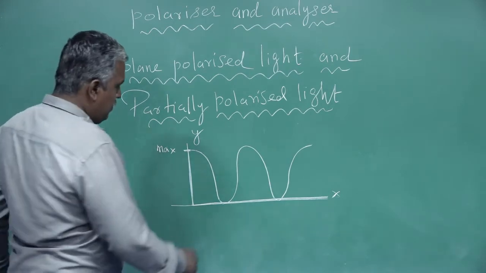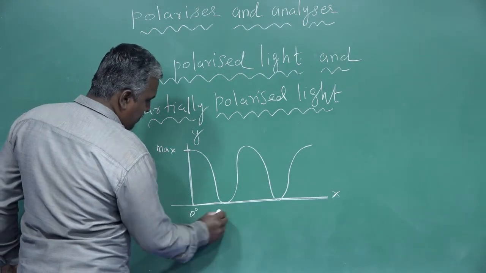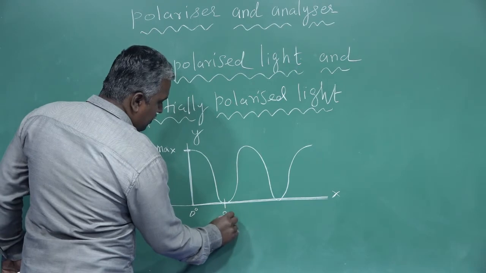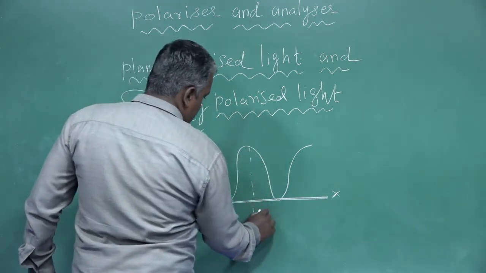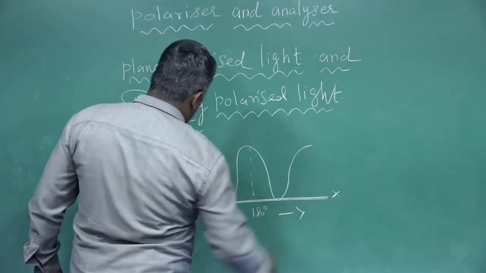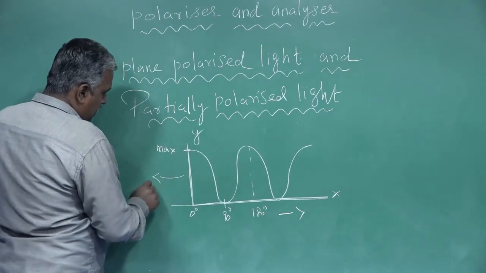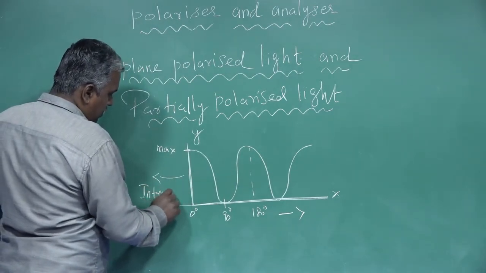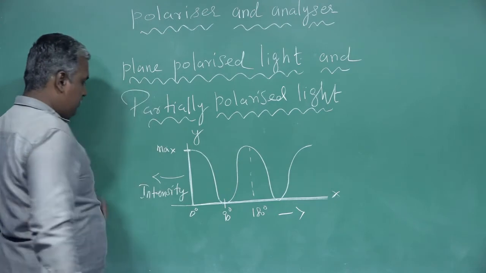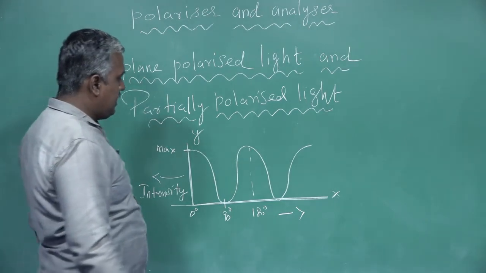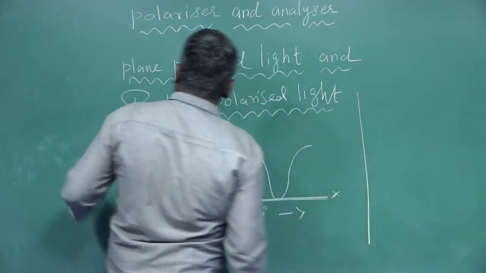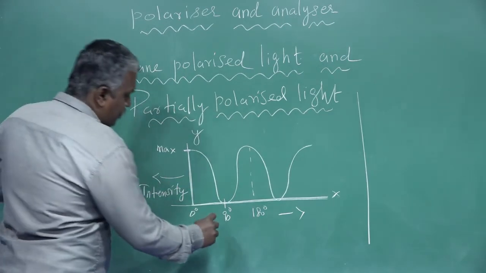So this is 0 degree, this is 90 degree, this is 180 degree, like this. This axis takes the intensity of the light. Listen here, first one: this diagram is for plane polarized light.